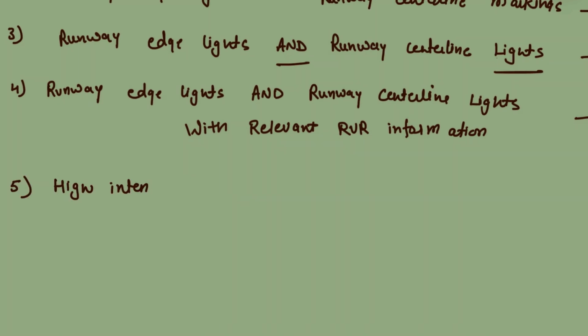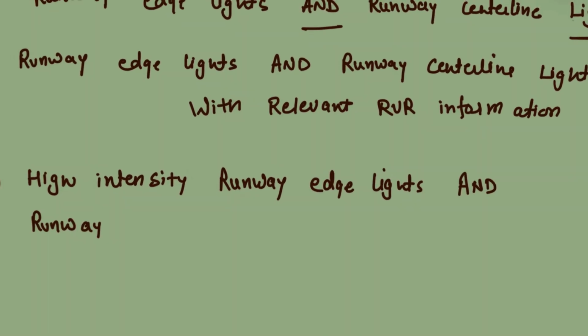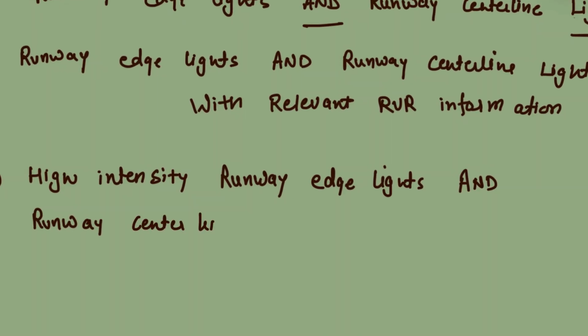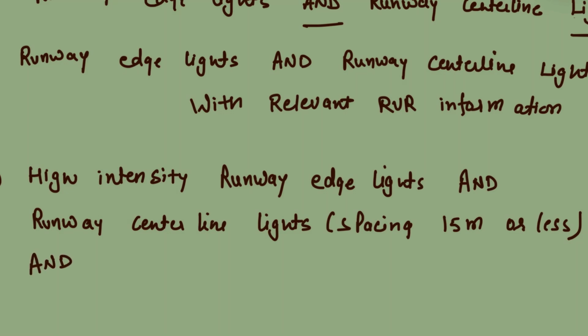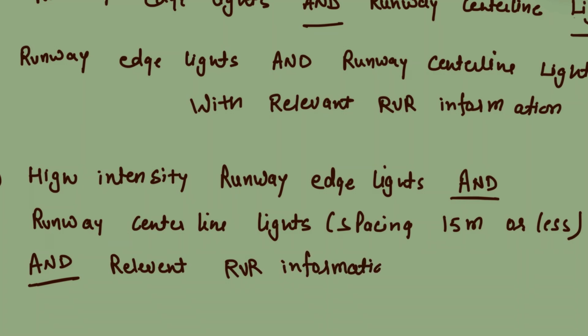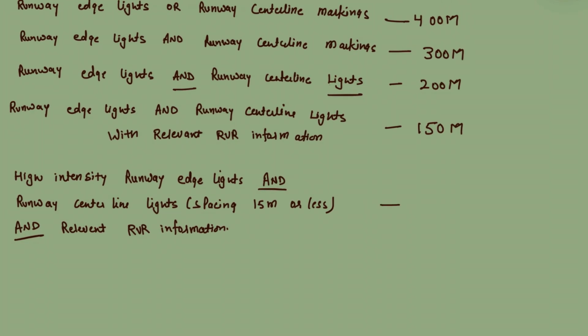Okay, what if you have high intensity runway edge lighting? That is even better in low visibility scenarios, right? So if you have high intensity runway edge lights and runway centerline lights with a spacing of 15 meter or less plus relevant RVR information, then you can take off with 125 meter of RVR. Okay, what's next?